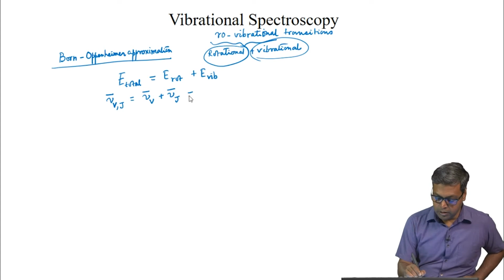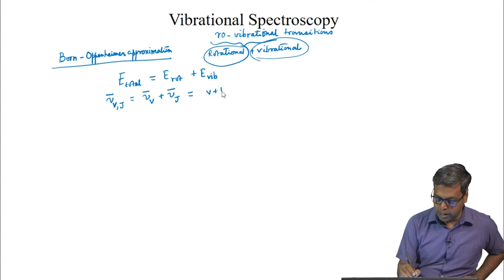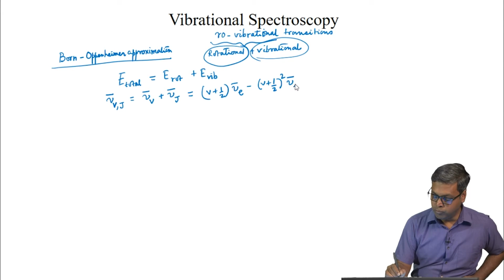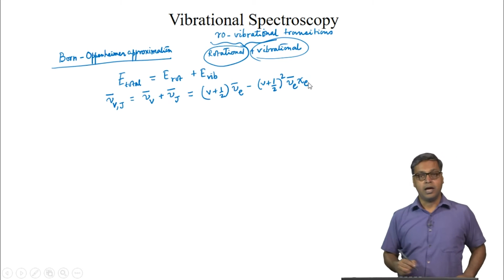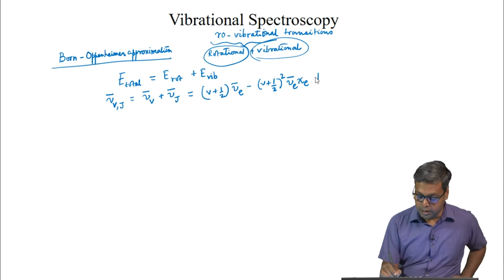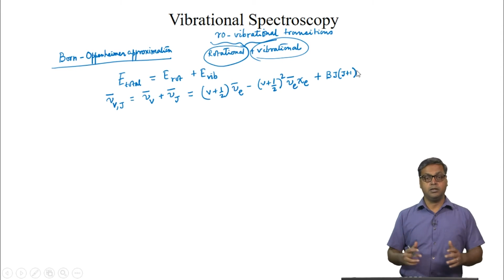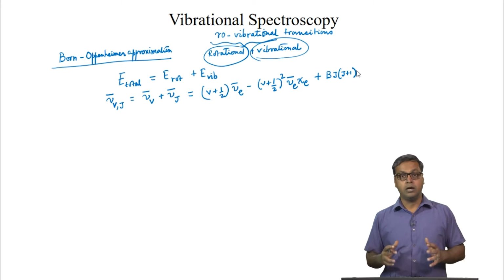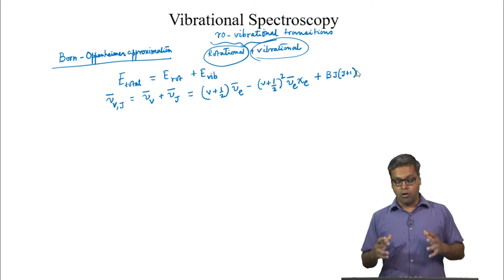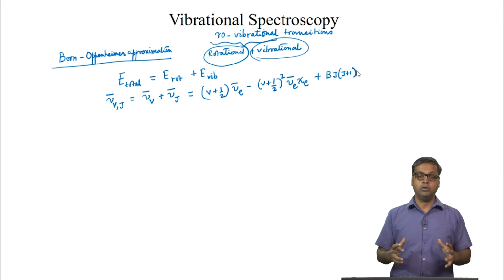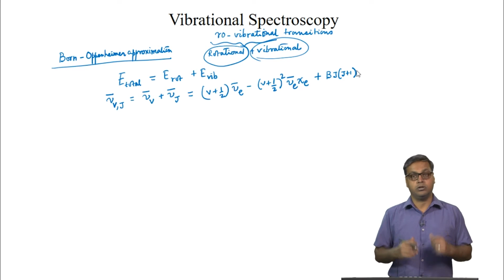So, nu bar V we can write as (V plus half) nu bar E minus (V plus half) whole squared nu bar E chi E, and the rotational energy we can write as B times J(J plus 1). So, we are considering an anharmonic diatomic molecule which behaves like a rigid rotor.